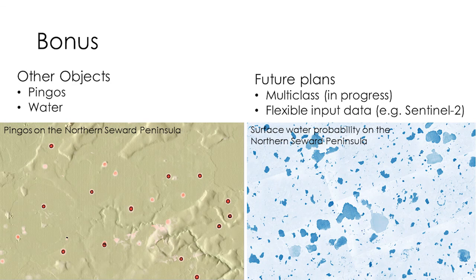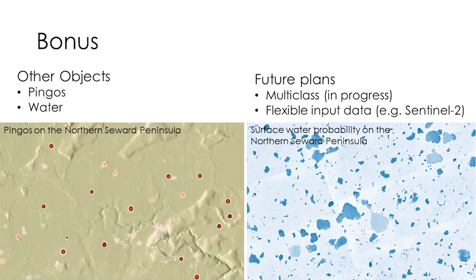So we can add any other features where we already have data sets, for example, pingos, which you see here on the left-hand side, where you see the pingo probabilities overlain on the Arctic DEM and the Northern Seward Peninsula, or to create water masks, which here trained on the Pearl water data set.